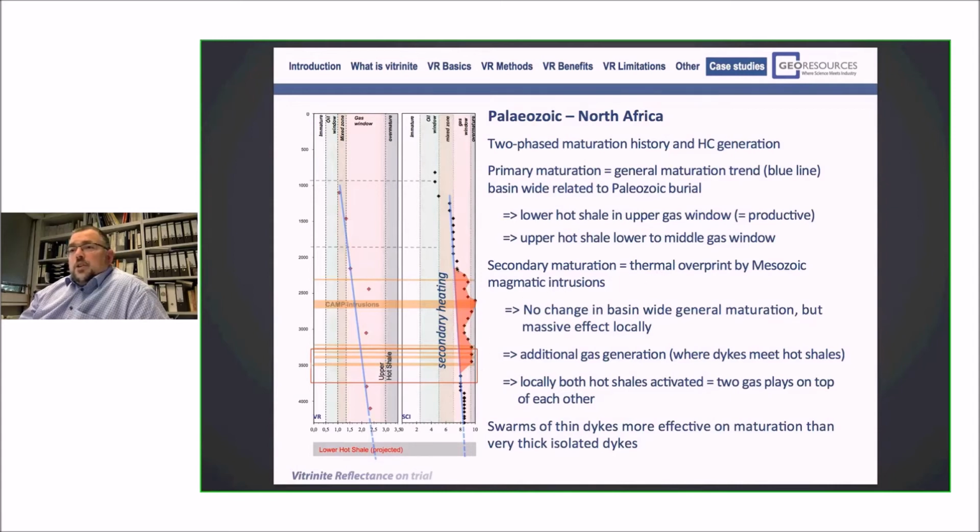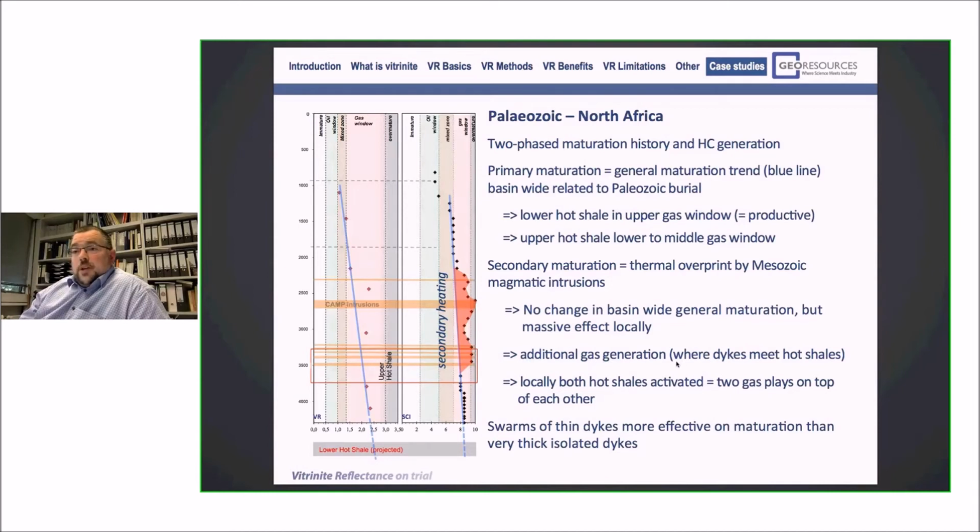So this is much younger, and this has no change in basin-wide general maturation, but has a massive effect locally. So we see here in these areas where we have the magmatic intrusions, we get a huge change in maturation. So this red part is the effect of the secondary heating by these magmatic dikes.